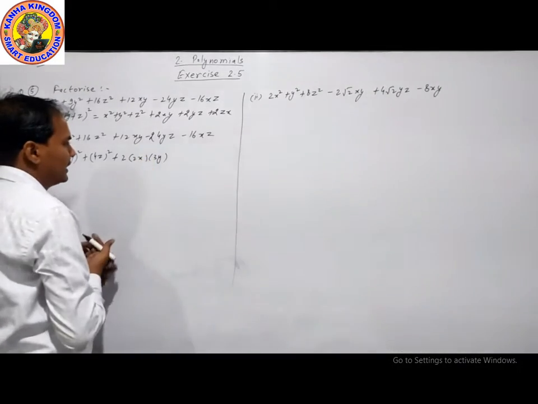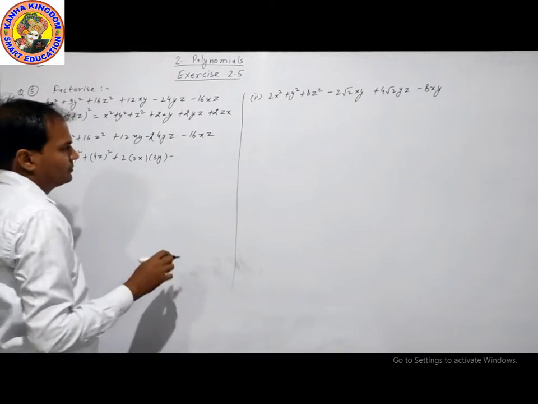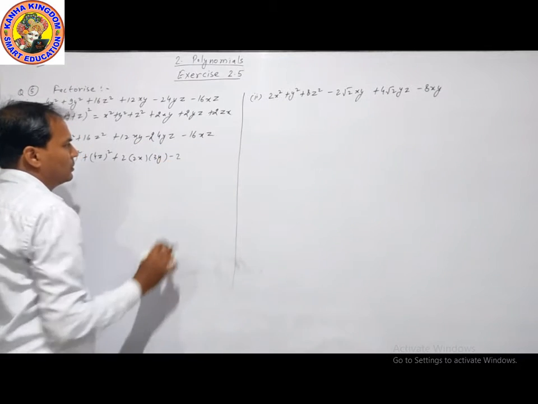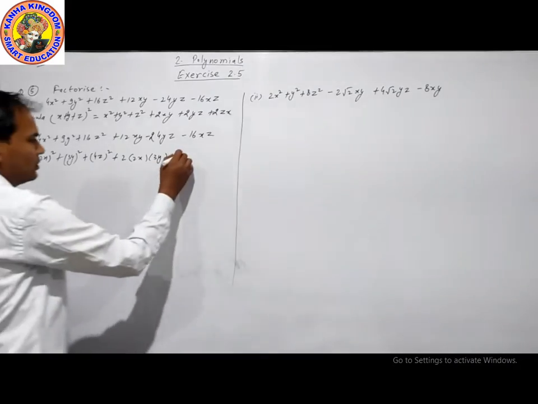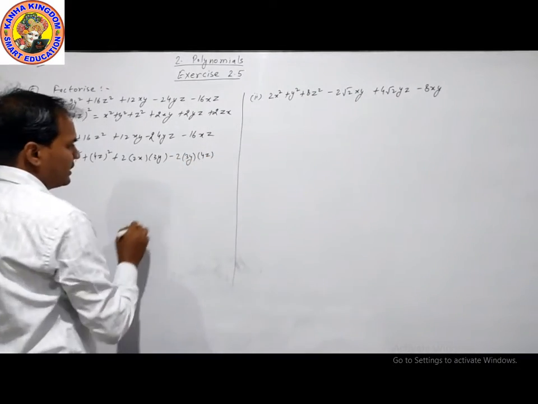Now in the next one, here is minus. In 24 we will take common 2, the remaining is 12, then yz, 12yz. Here 3 into 4 is 12, so this is 3y and 4z.